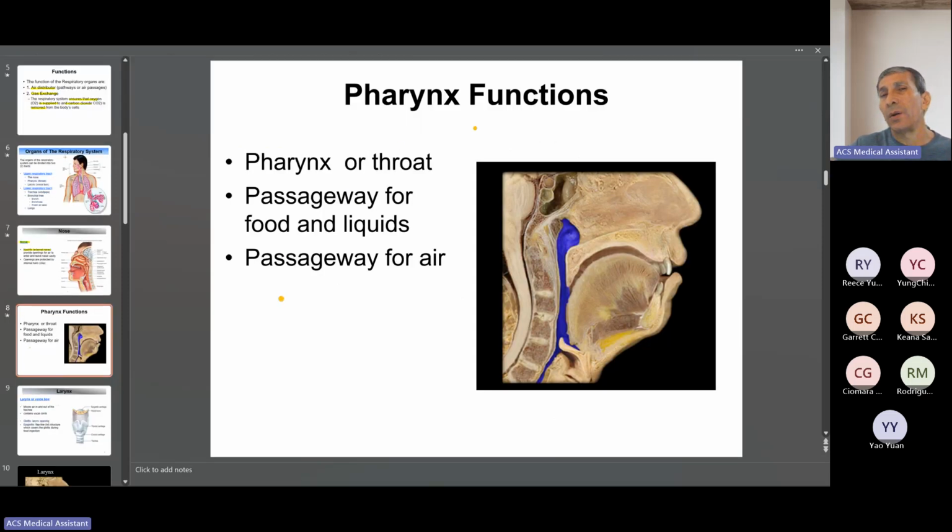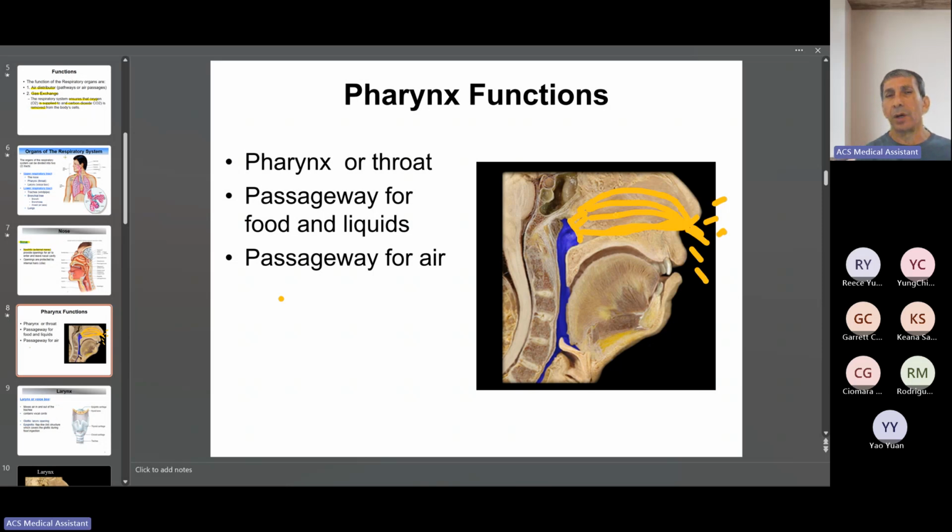Now let's talk about the pharynx. Here is the nose, right there. This is the passage. Everything that we breathe goes to these nostrils, and air passes from the outside to the inside. Here we find the pharynx.